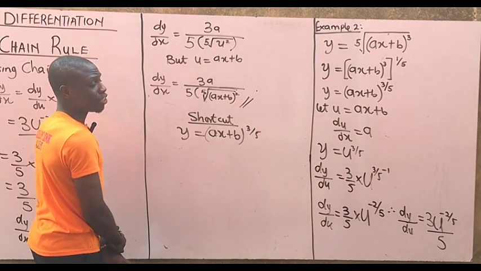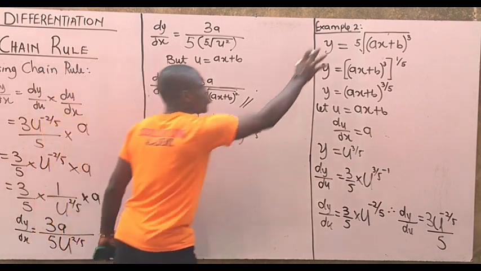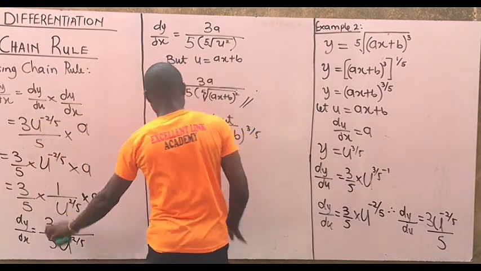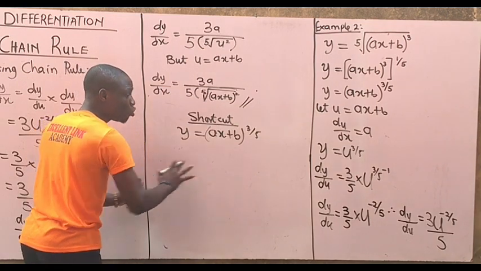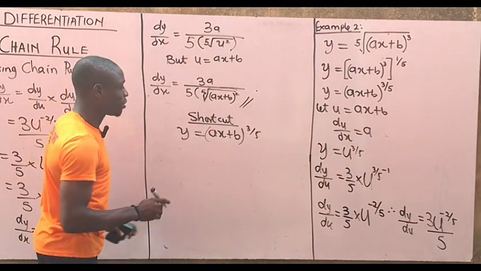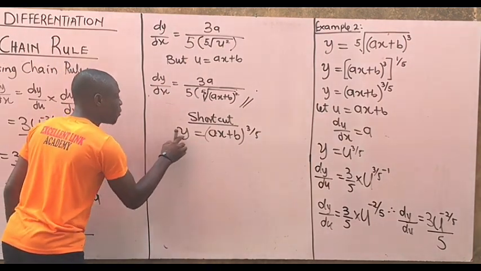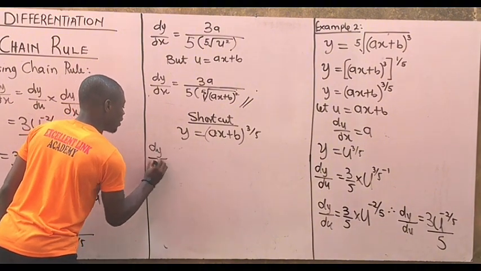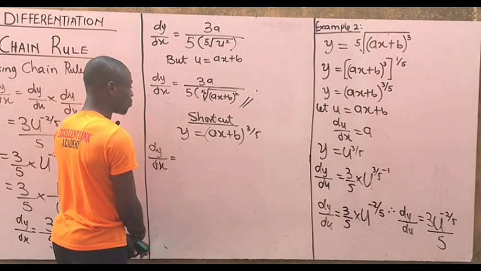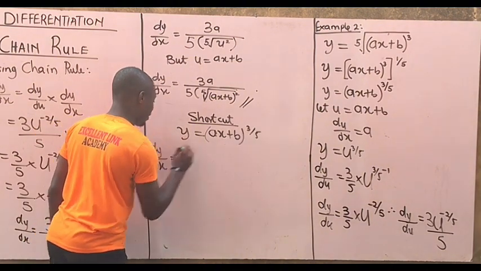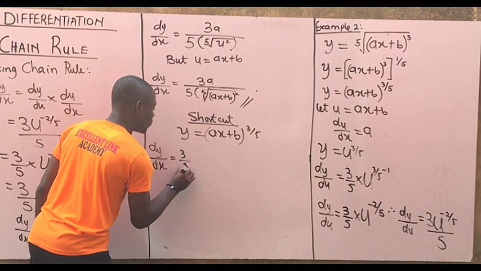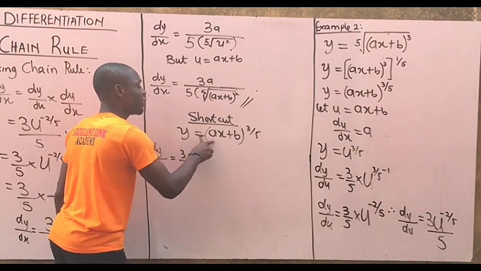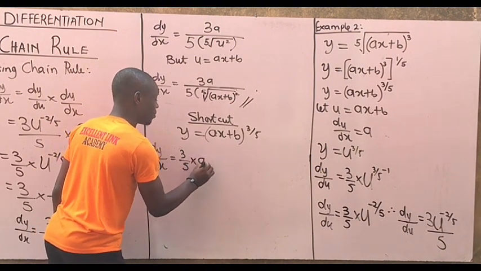For the shortcut, it's quite simple. Instead of going through this process, I'll just use two lines to get my answer. What's the concept? First, I differentiate y with respect to x, so I'll have dy over dx equal to, right at the back, 3 over 5. Differentiate the term in the bracket, that's a.